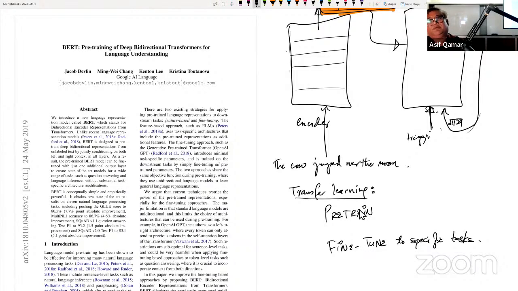For example, whether I'm doing sentiment analysis, question answering, or entailment, or any of the NLP tasks, one thing that is a prerequisite for the transformer is that it better understand the language, isn't it? And so what you do in the pre-training is you create a model with a great amount of data.